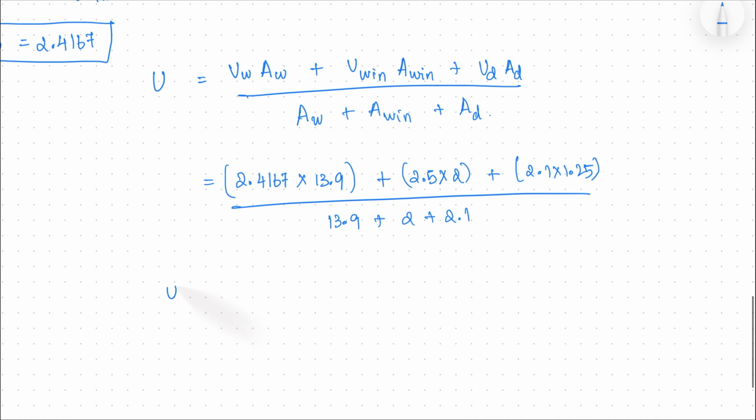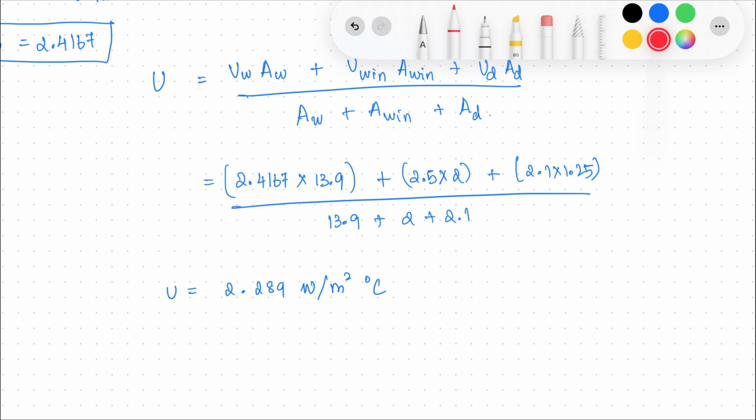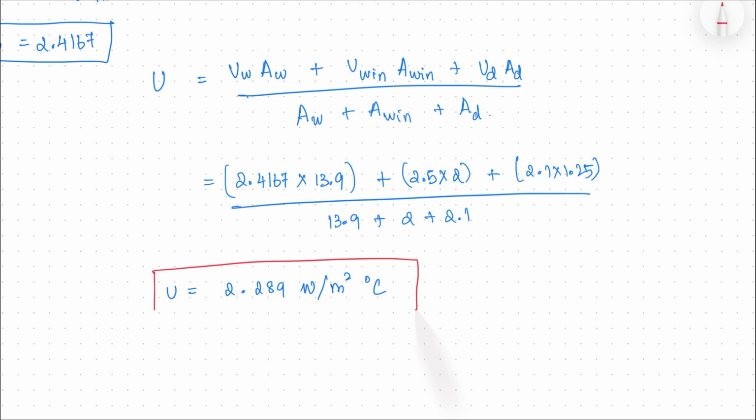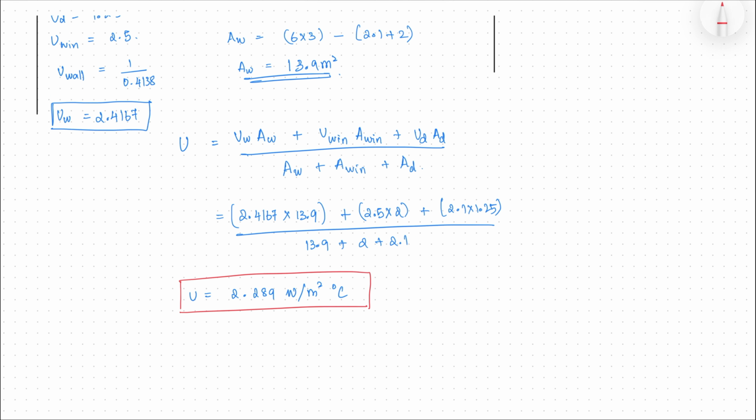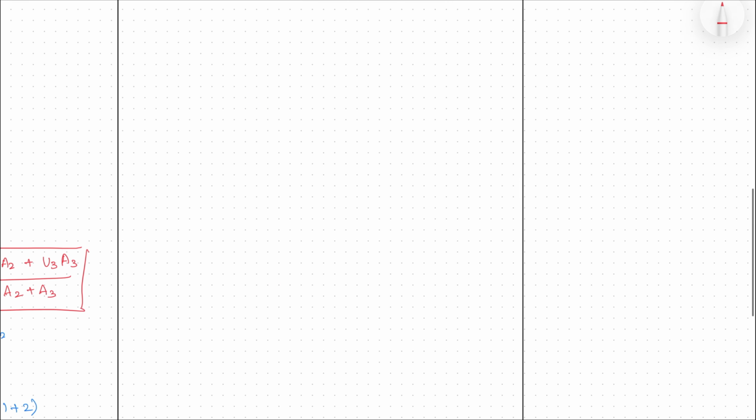So you will find the U value to be 2.289 watt per meter square degree Celsius. So this is the U value of the overall surface. Okay, now let's move on to the next sum.